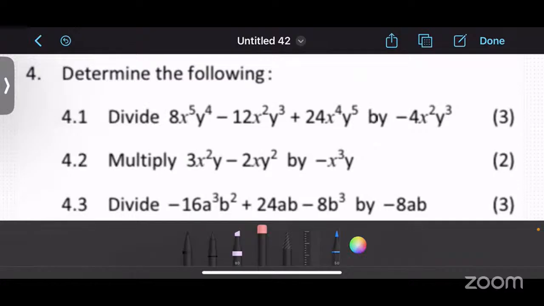Now let's look at this one over here. They say divide 8x to the power of 5, y to the power of 4, minus 12x to the power of 2, y to the power of 3, plus 24x to the power of 4, y to the power of 5, by negative 4x to the power of 2, y to the power of 3.